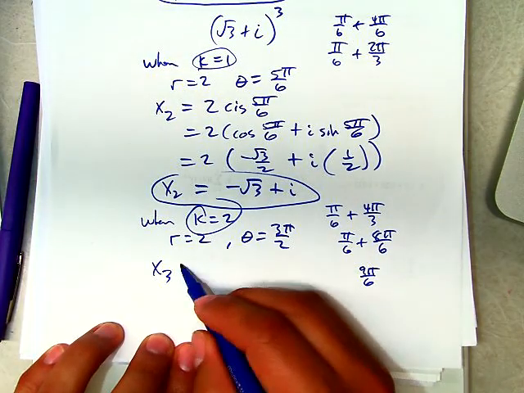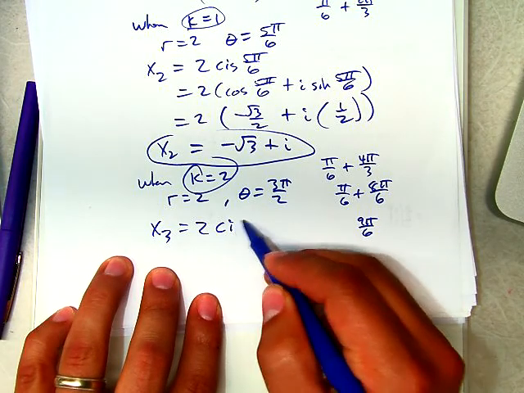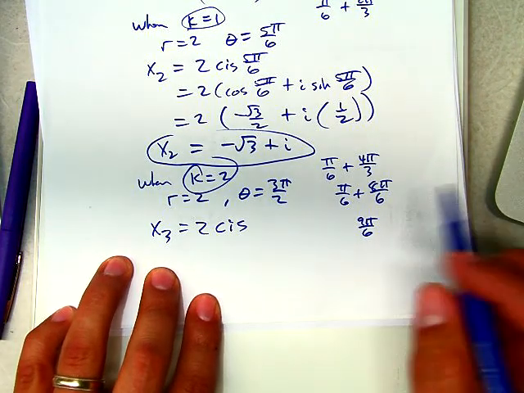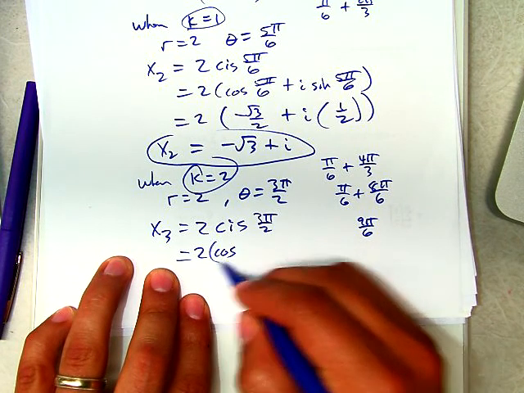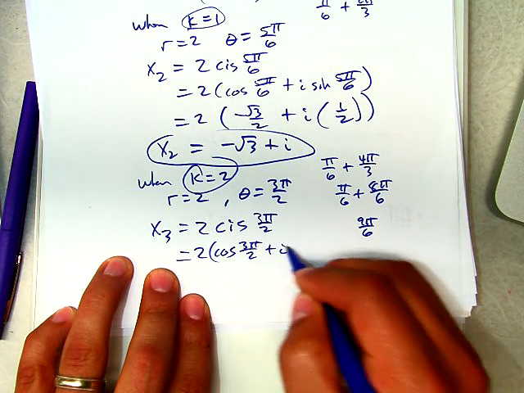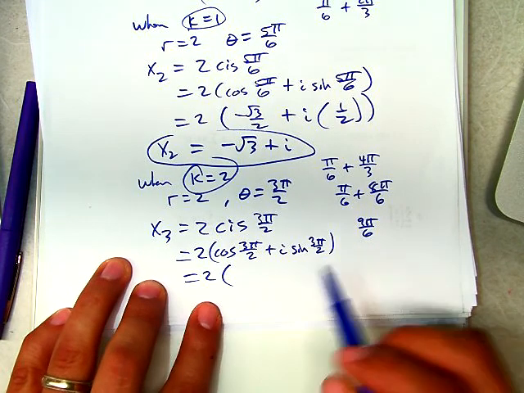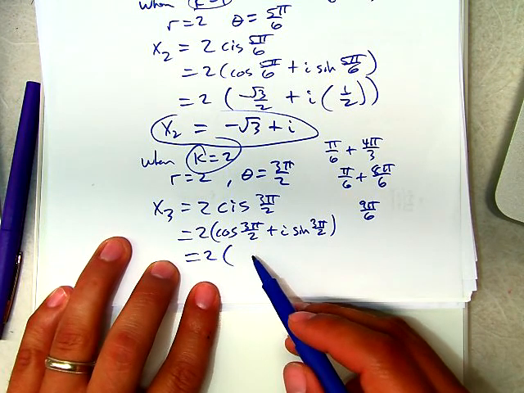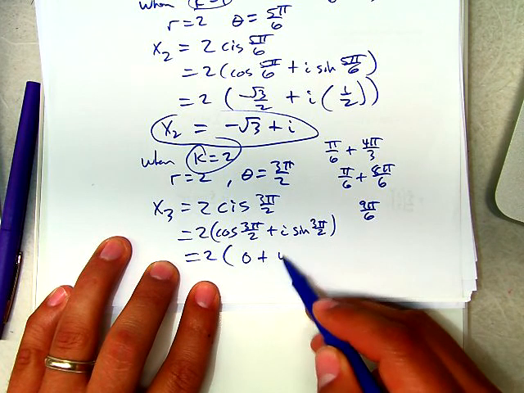So then x3 will be what? 2 CIS 3 pi over 2, which is 2 times the cosine of 3 pi over 2 plus i times the sine of 3 pi over 2. The cosine of 3 pi over 2 is 0.